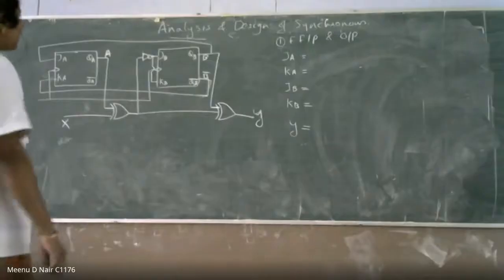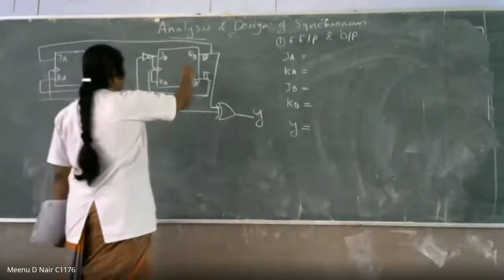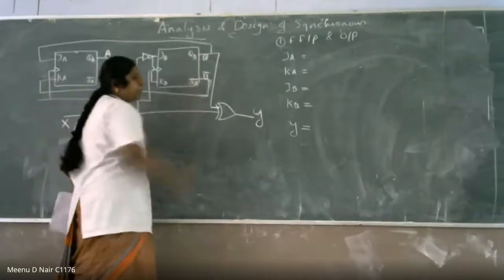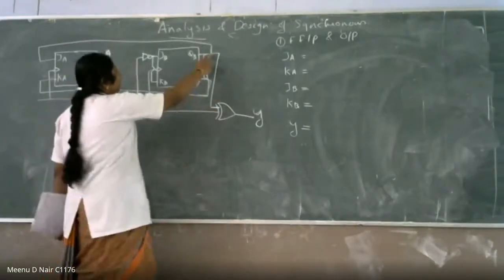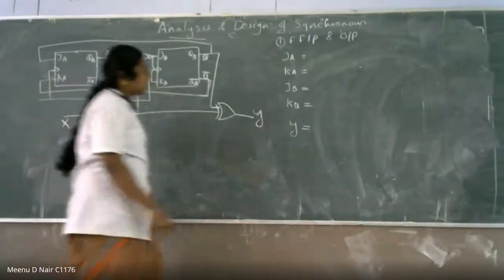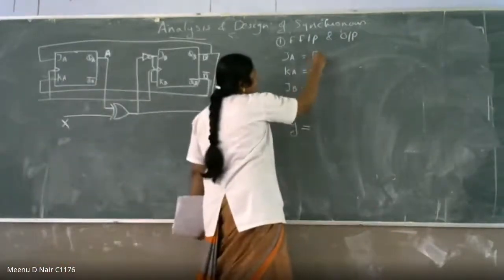What is the input function JA? So instead of QB, we can write it as B alone, because that's why we marked it as B only. Okay. So B is connected to JA. So what is JA? JA is nothing but B.